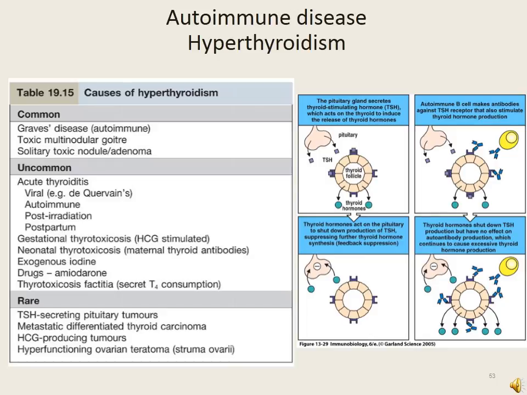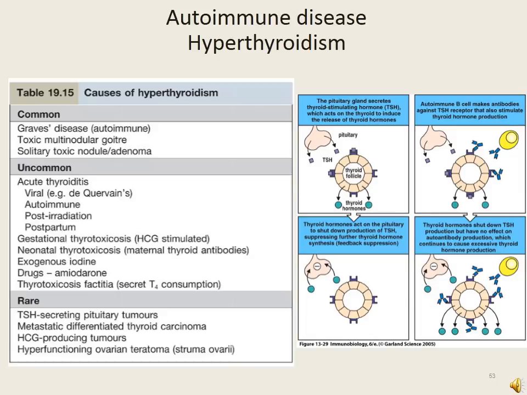Okay, but the right-hand side column shows you that if this thyroid stimulating hormone receptor on the thyroid gland interacts with autoantibody to this receptor, there will be activation of the thyroid gland to produce thyroid hormone.